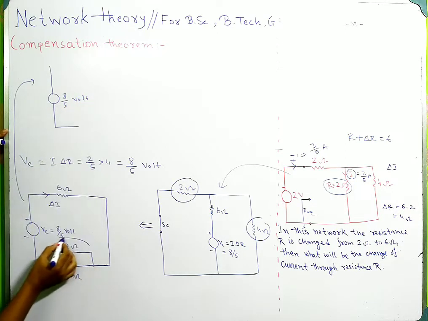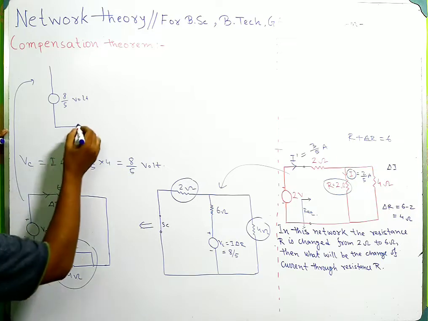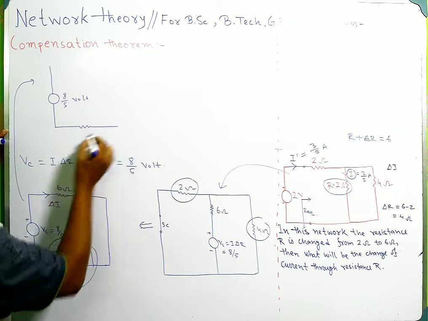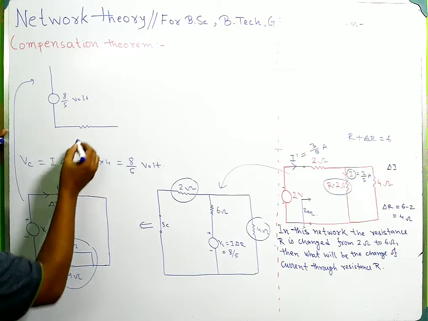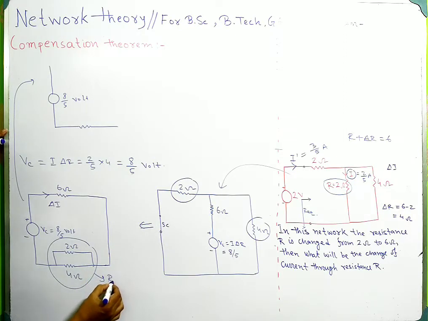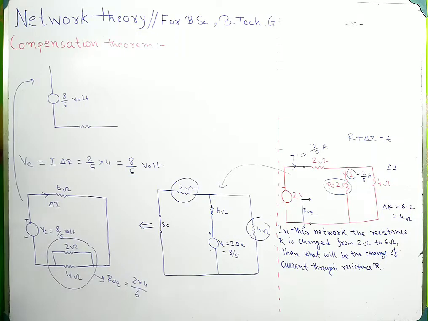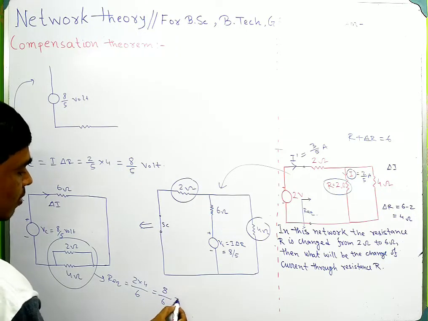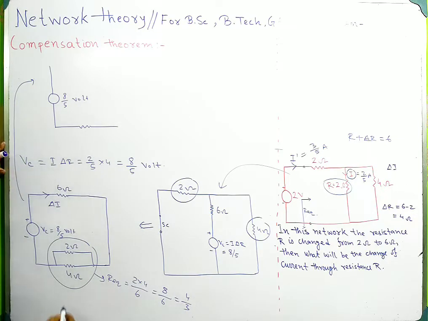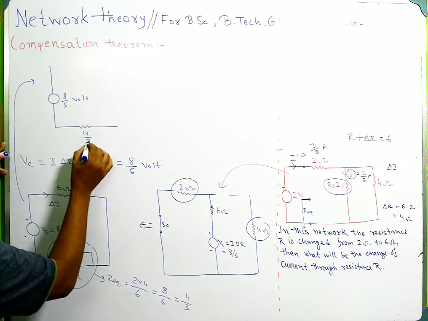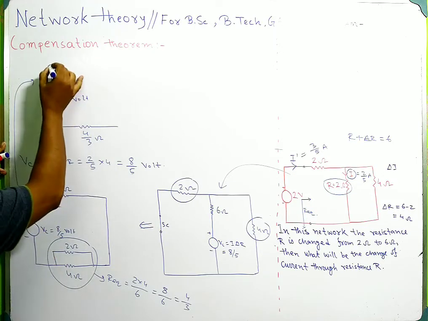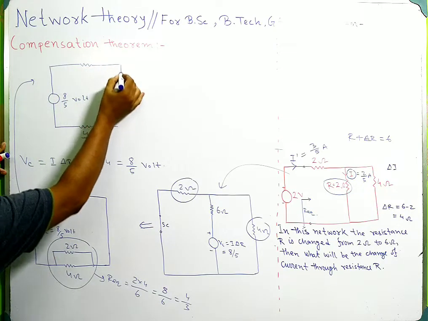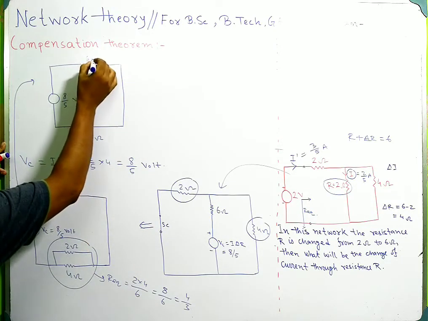Now these two resistances are in parallel, so the equivalent resistance is 2 multiplied by 4 divided by 6, so it will be 8 by 6, that means 4 by 3 ohms, and this is 6 ohms.